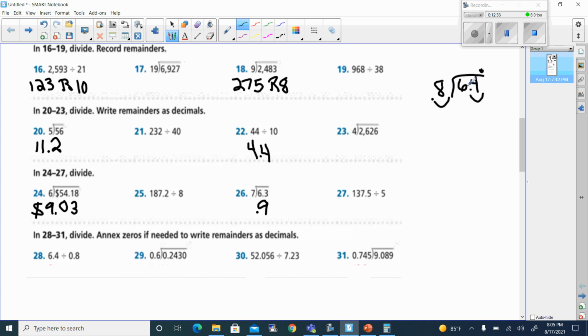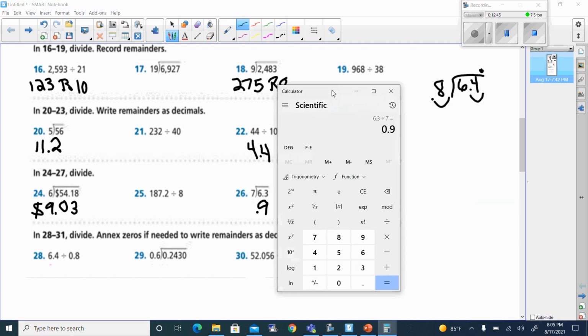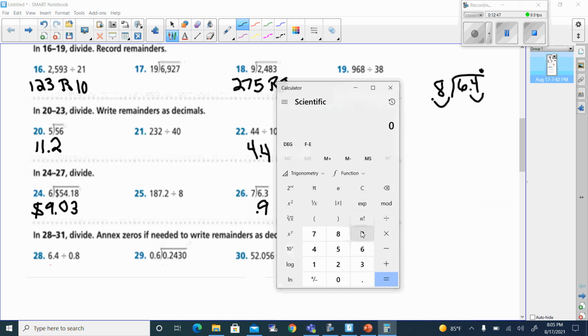Let's see, 6 times 8. No, let's see here. I'm talking 64 divided by 8. And that gives us 8. You see that? 8 times 8, nice and even.